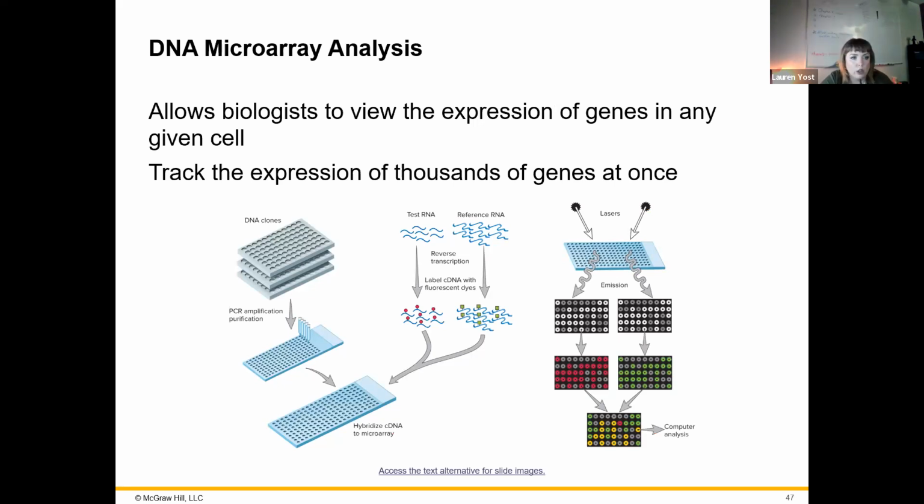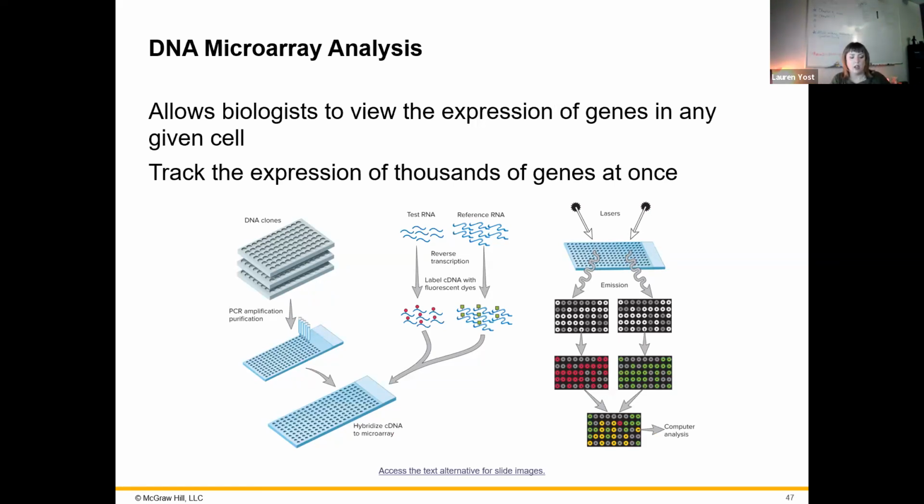So we do also have DNA microarray analysis. This allows biologists to view the expression of genes in any cell all at once, all out on these large plates, and allows for hybridization of RNA to other RNA that's already on these plates to see which RNAs are being made.